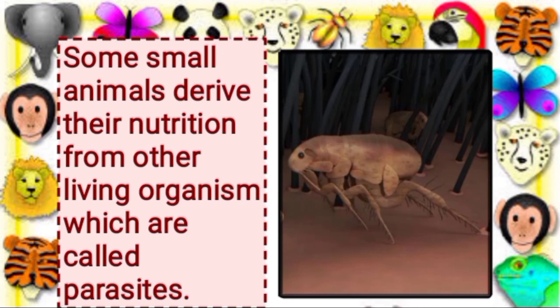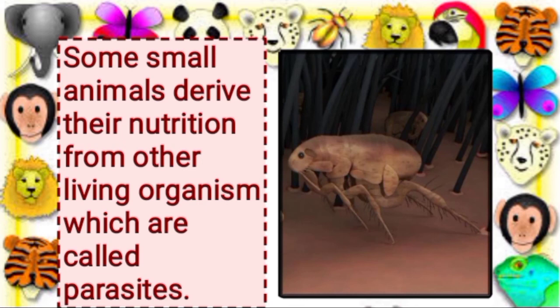Now let's understand about parasites. These are plants or animals that live on or in a host, getting their nutrition from that host. A host is an organism that supports a parasite, and sometimes the host is harmed by the parasite and sometimes the relationship is neutral, but the host never benefits from the arrangement.